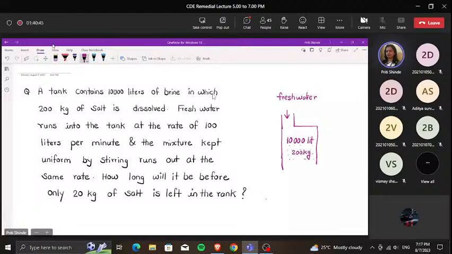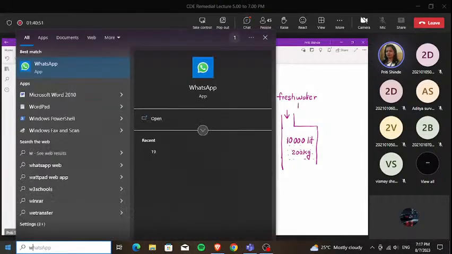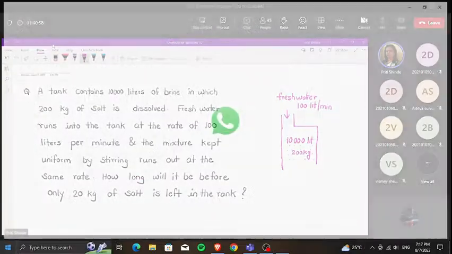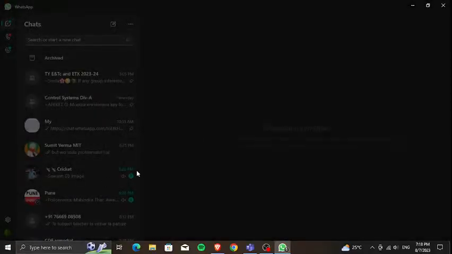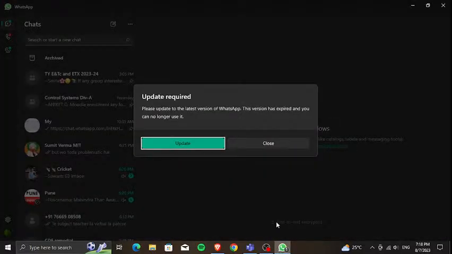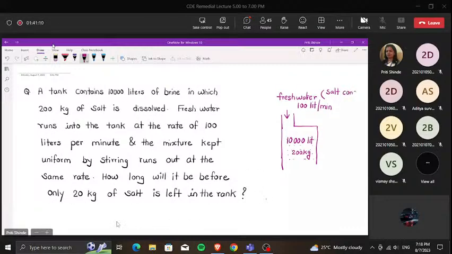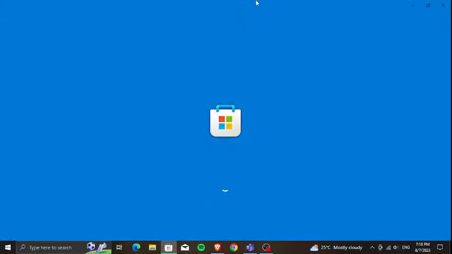Fresh water runs into the tank at the rate of 100 liters per minute. Fresh water means there is no salt, so the salt concentration is 0.